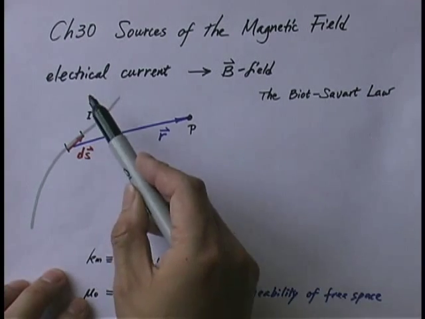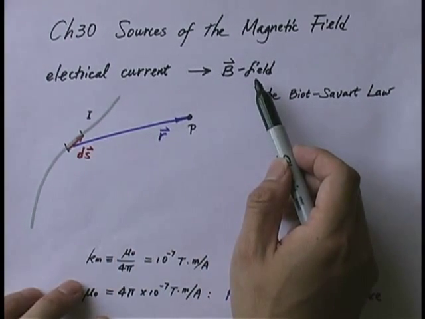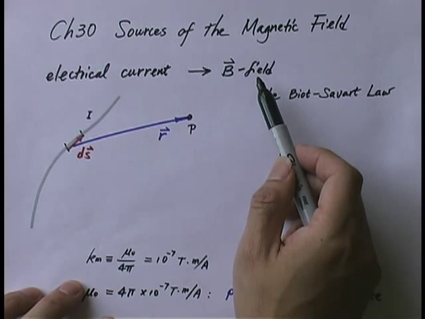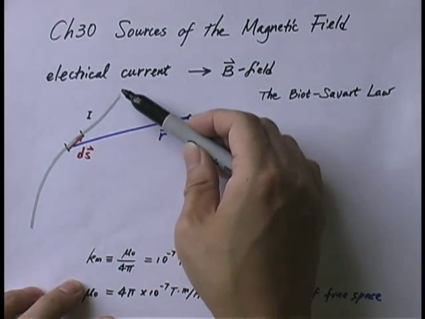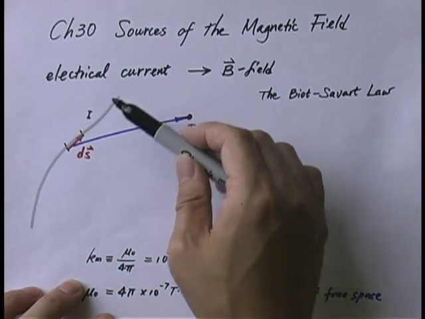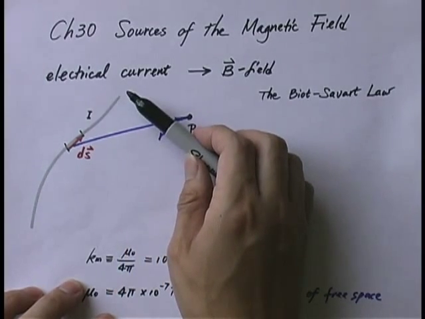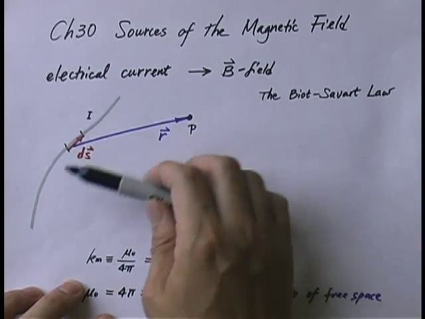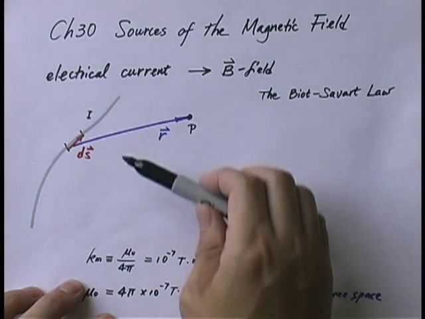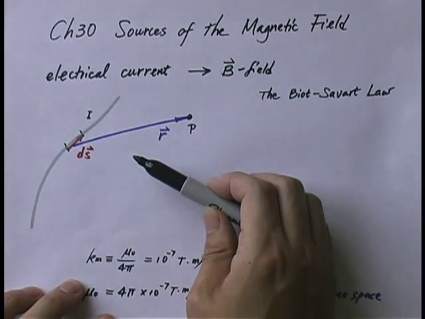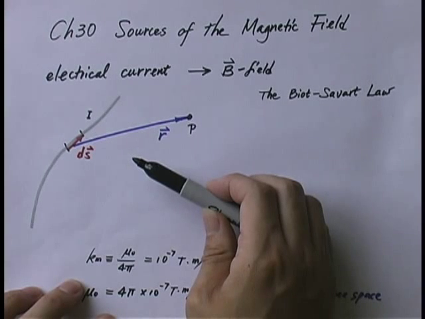So, electrical current causes a magnetic field, but exactly how does it do that? Well, we can focus on a single moving charge, or we can focus on a segment of current. Each single moving charge in a segment of current will produce its own magnetic field. So if you look at an infinitely long segment, there will be an infinite number of charge carriers, each producing a magnetic field that could lead to an infinitely large B field.